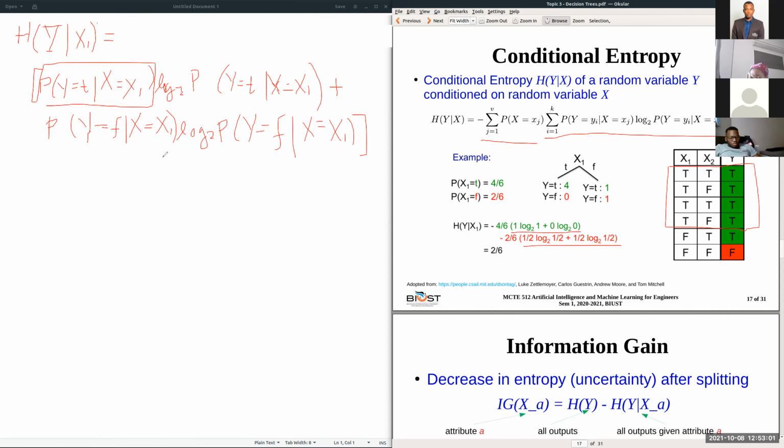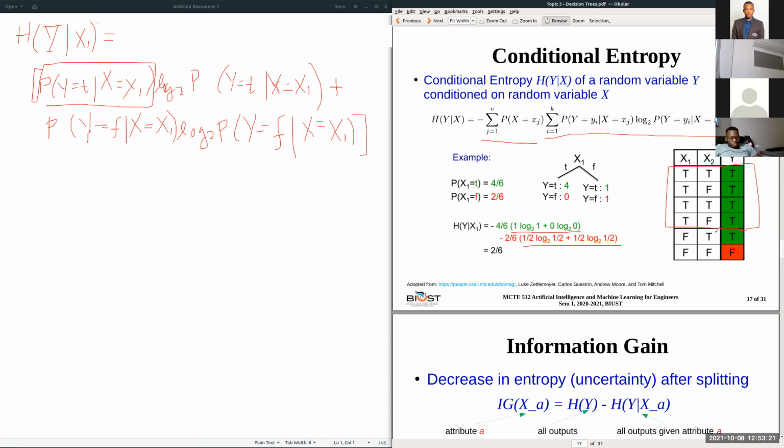Your X1 has a value of true or false. So now your output can be true.